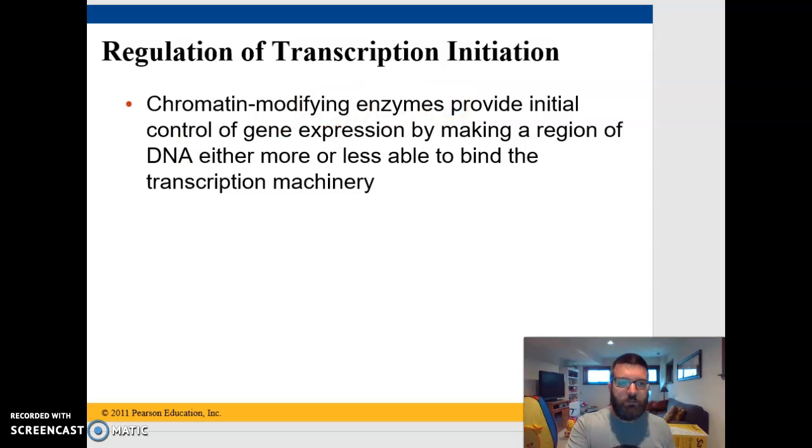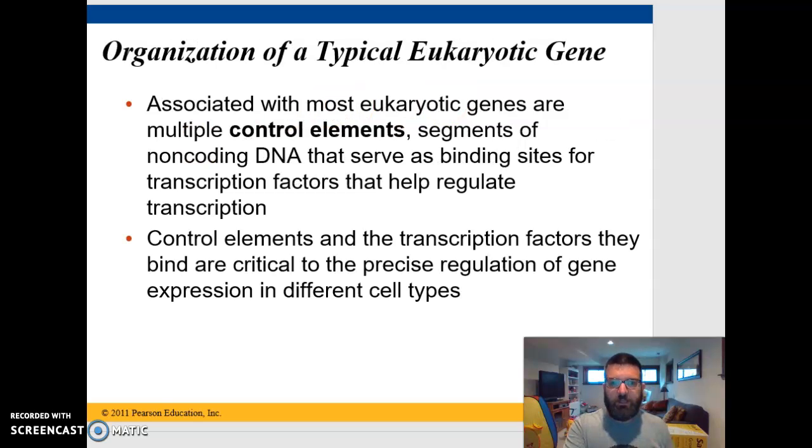Well, eukaryotes do it a little bit differently. We use control elements, which are segments of DNA that are not protein coding segments, but there are other segments of A's and T's and C's and G's, that when the correct chemicals or transcription factors are present, they help facilitate the binding of RNA polymerase to the gene, to the promoter, so that you can make that mRNA transcript.